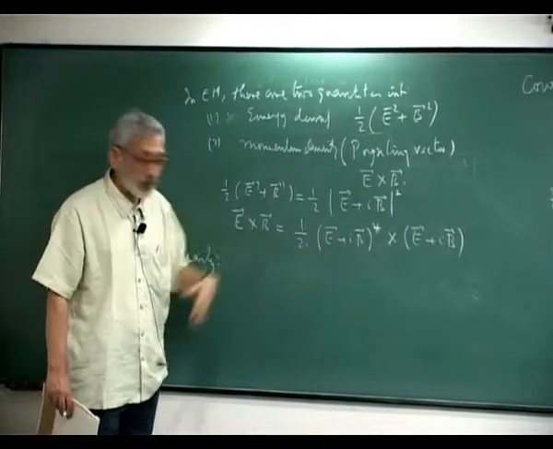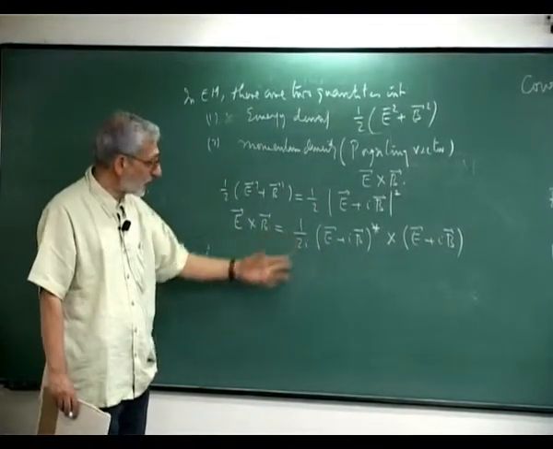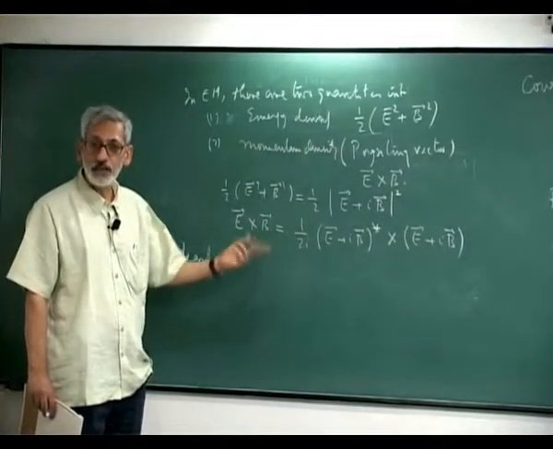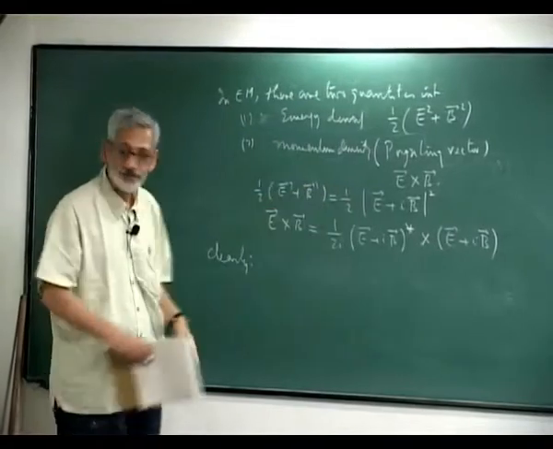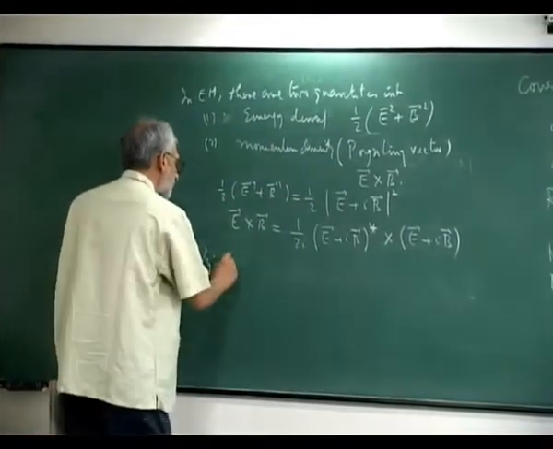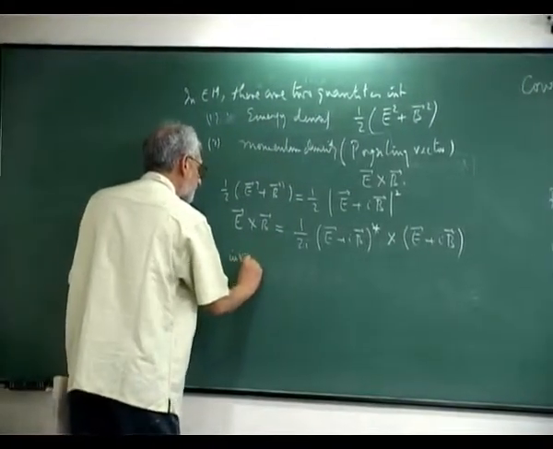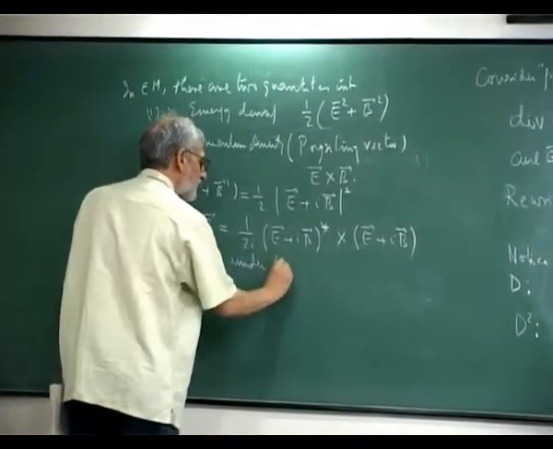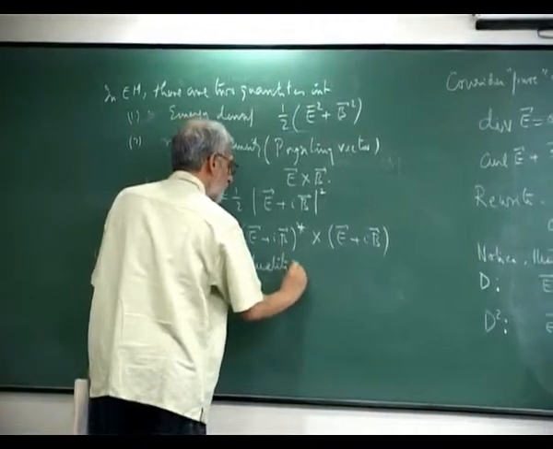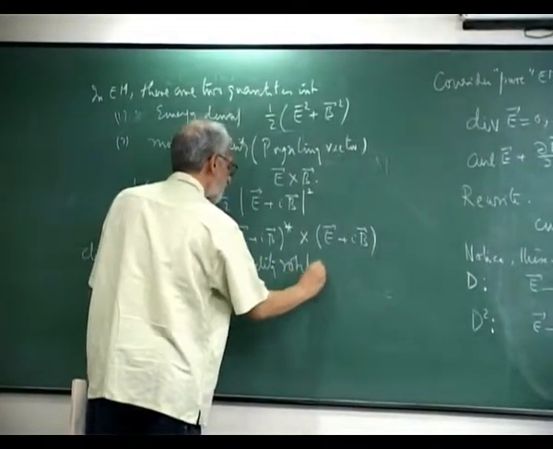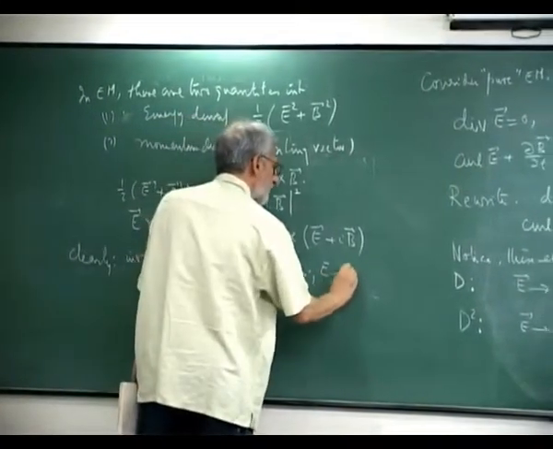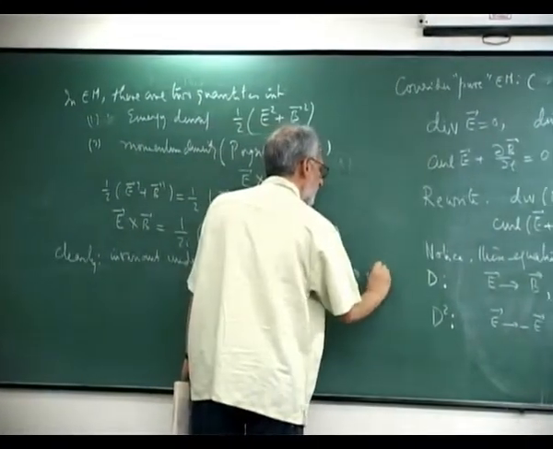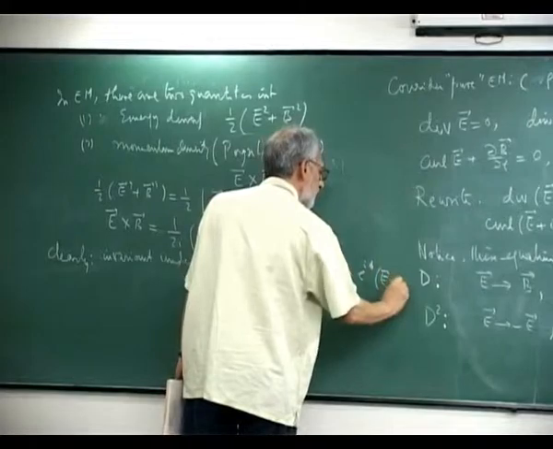And by writing it this way, one sees that not only discrete duality, they are also unchanged under duality rotation, E plus iB going to e to the i phi times (E plus iB).